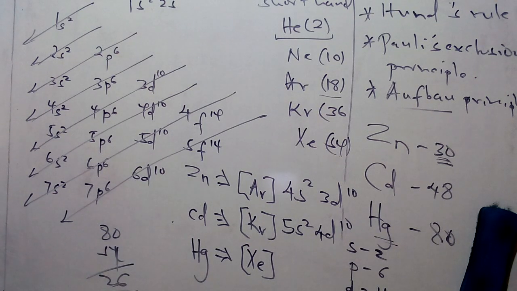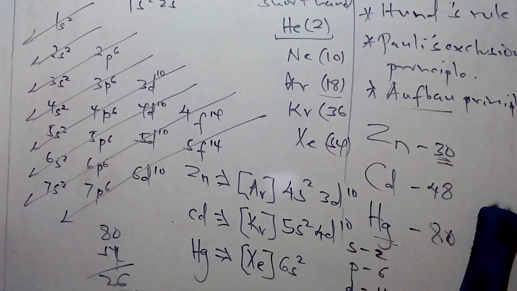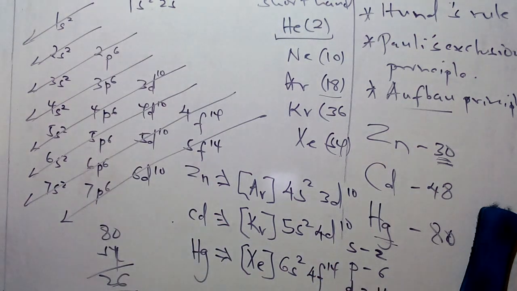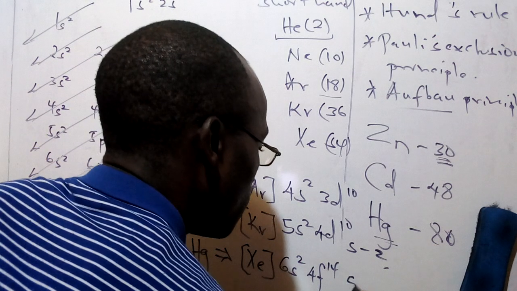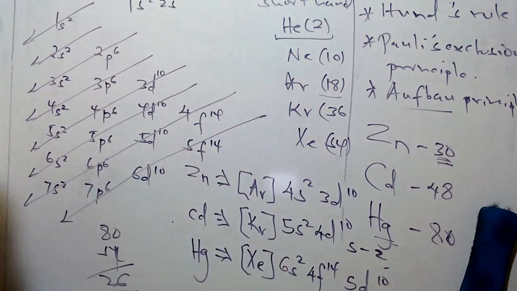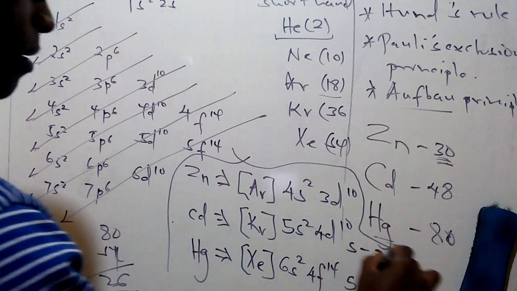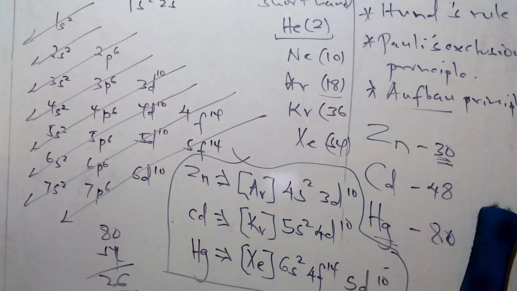So the 26 electrons are going to be filled using the 6s2 orbital, then the 4f14 orbital, and lastly the 5d10 orbital. In this case, we are using the various rules which I've mentioned in summary form. These are the electronic configurations of the 3 elements which I've listed on the board.